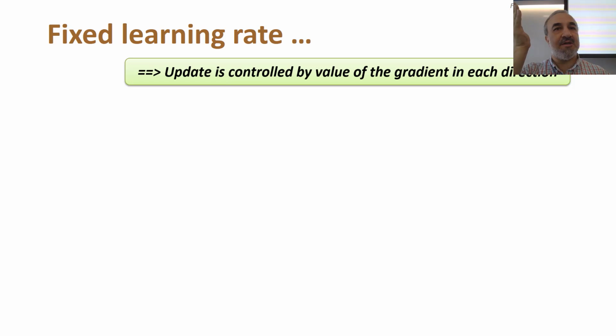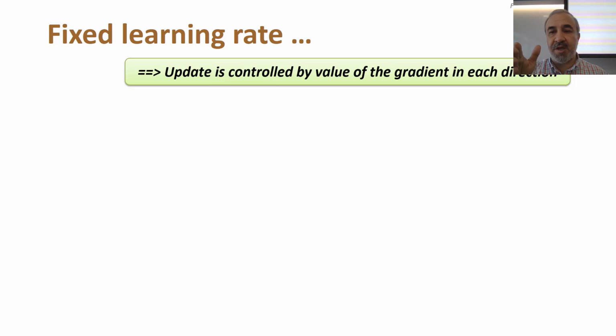We talked about the learning rate before, and any update is the multiplication of the learning rate and the gradient value itself, right? If you remember the gradient descent update rule, it's the learning rate times the gradient. If the learning rate is fixed, then the update is completely controlled by the value of the gradient in each direction.